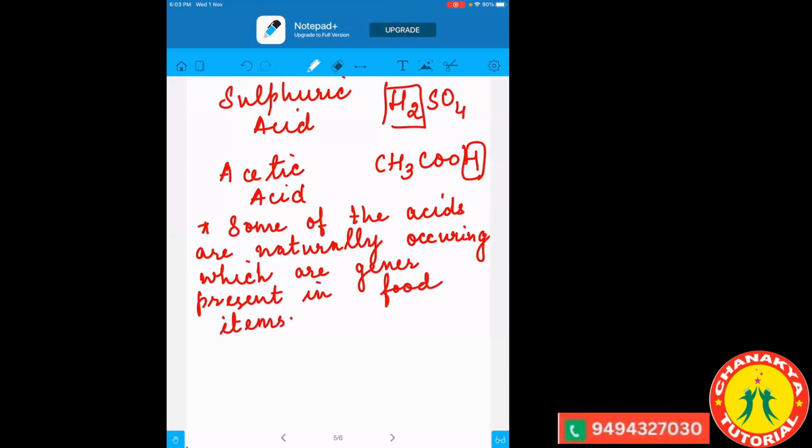So some vegetables, some fruits, they already have acid in them, like the lemon, the oranges. So they have the natural acids present in them. Some they have naturally, and some we are making in the factories, like hydrochloric acid. Hydrochloric acid, sulfuric acid, they are made in the labs. So in some vegetables and fruits, they are present naturally, whereas some of the acids are being made in the factories or in the lab.